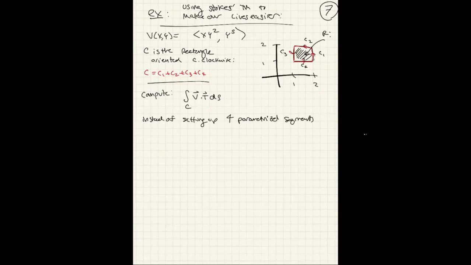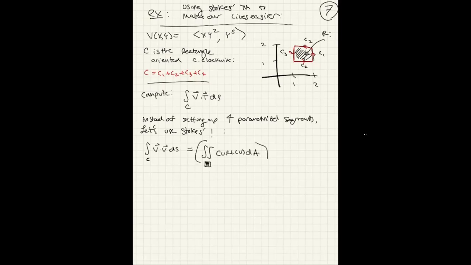So instead of setting up 4 parameterized segments, let's use Stokes' theorem. The integral over C of this dot product, the work we're doing along the curve C, is, by Stokes' theorem, this double integral over the box of the curl of V dA.